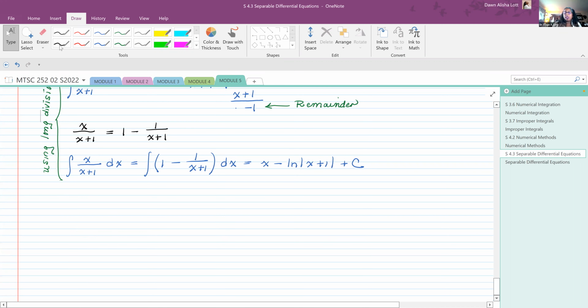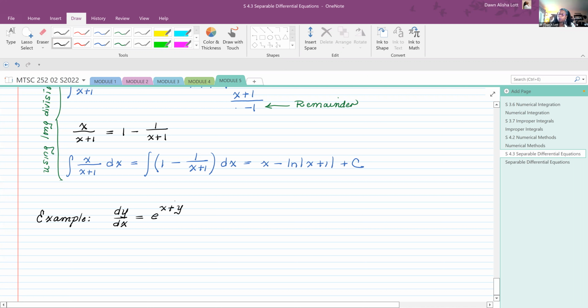I want to say some things look separable that aren't, and some things that aren't separable look like they are. So let's take, for example, dy dx equals e to the x plus y.